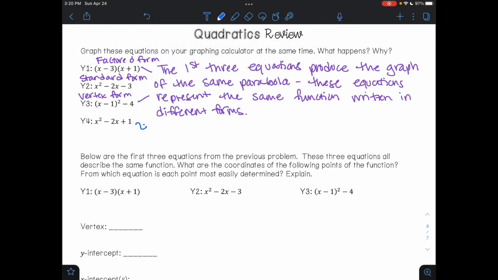This fourth equation produces a different parabola. And this one is written in standard form as well.